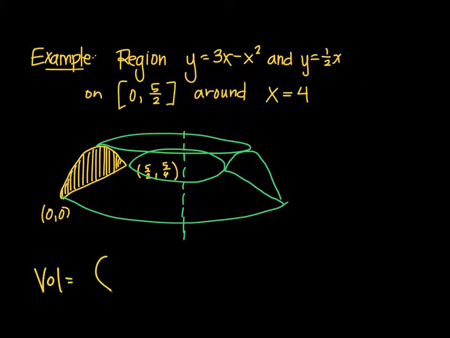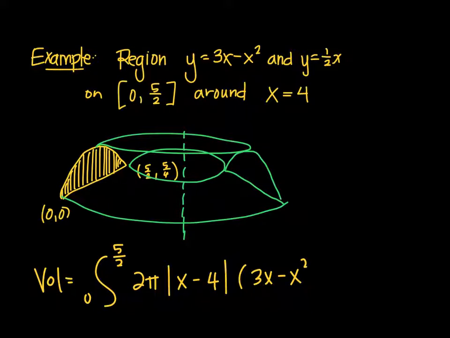All right, so our volume. We're good on our bounds being 0 to 5 halves. We're 2 pi. Okay, we need the radius. So the absolute value of x minus 4. Very good. Okay, now the height. 3x minus x squared, minus, we're not squaring anything.